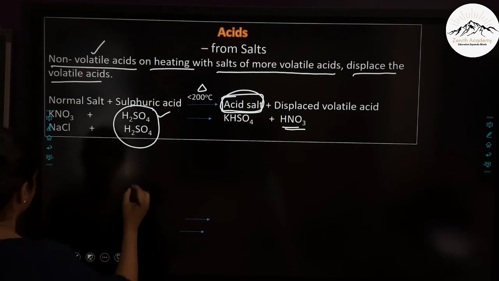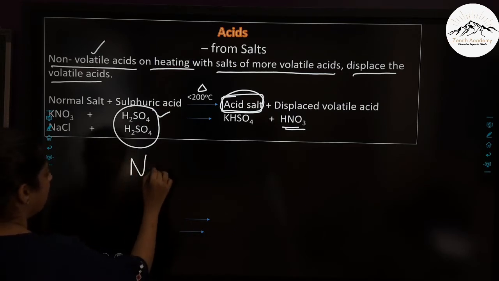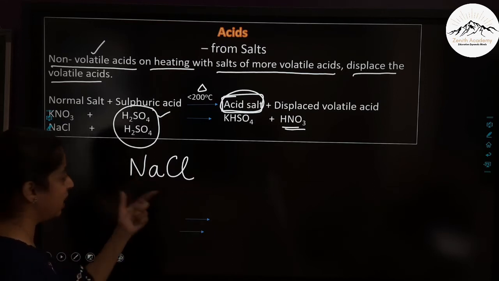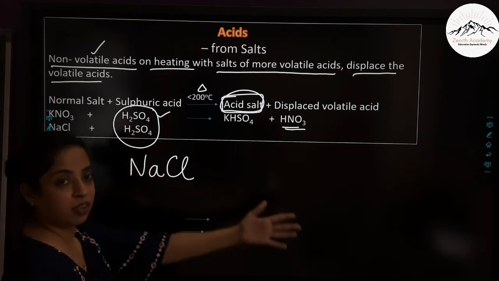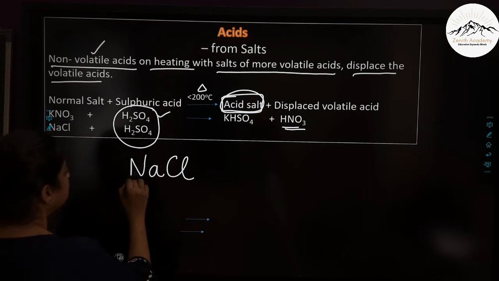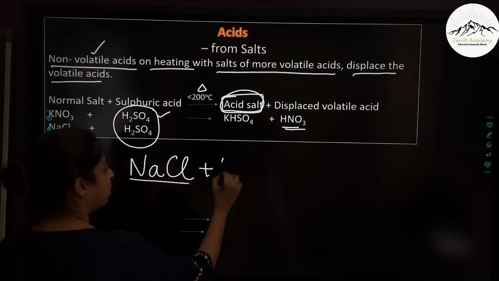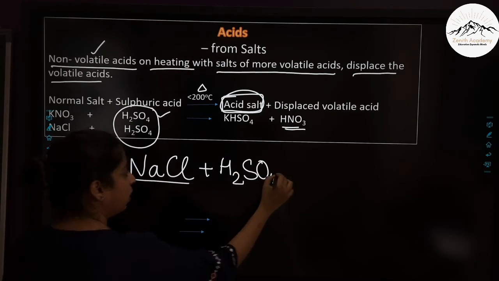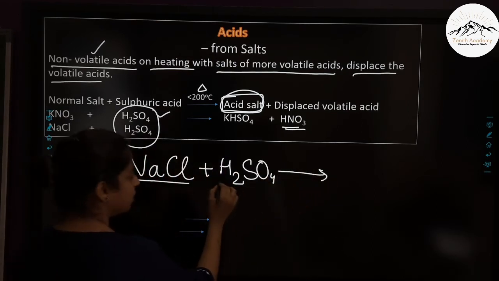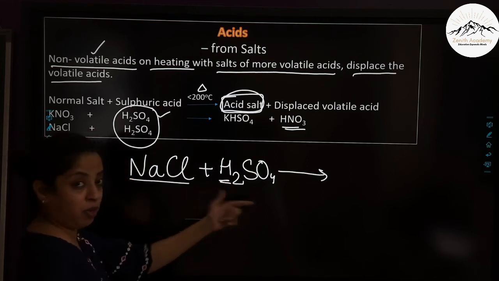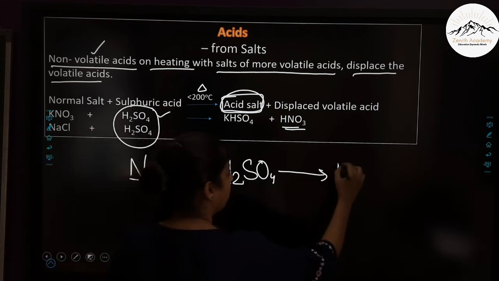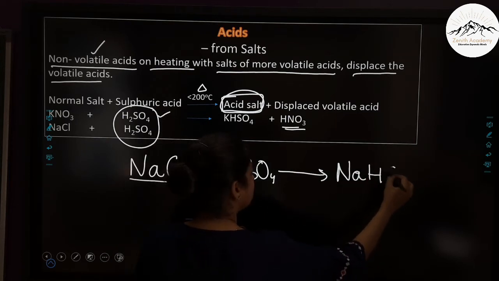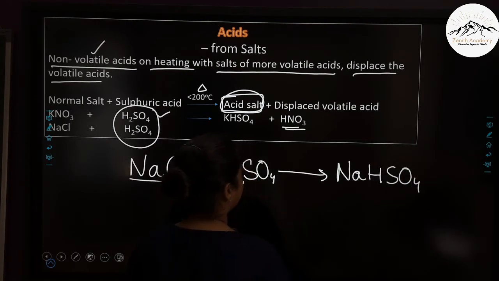Now let's do the second one. See, NaCl. This is a normal salt which is formed from which acid? HCl. So this NaCl will give you the formation of HCl. So this normal salt when reacting with a less volatile acid like H2SO4, by partial replacement of hydrogen, will form an acid salt. So Na, one H is gone, so NaHSO4, sodium bisulfate.